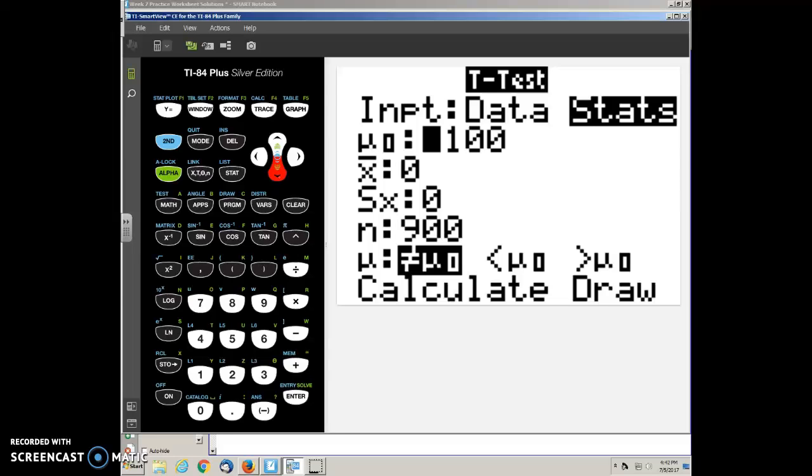So the mean of the null hypothesis is 1.800. The sample mean is 1.911. The sample standard deviation is 1.065.